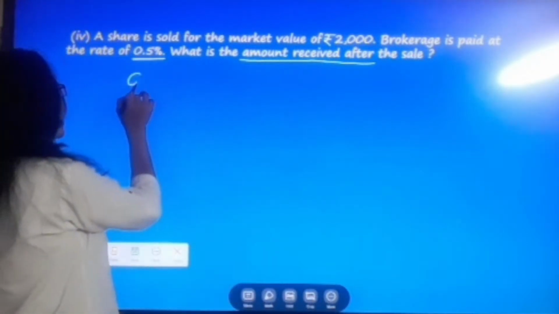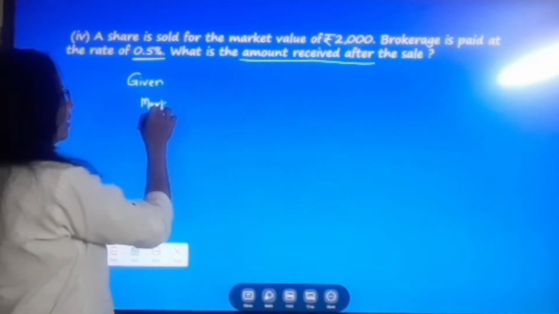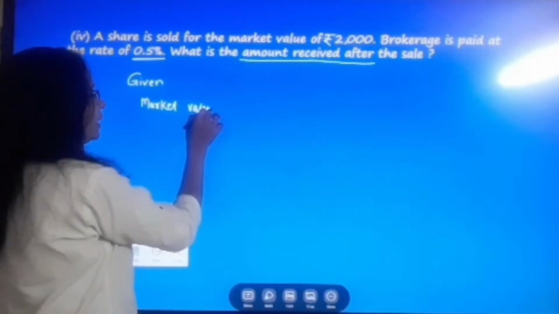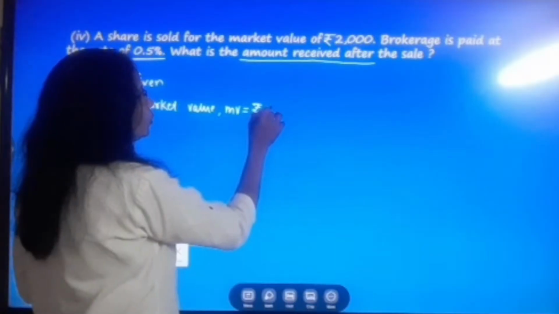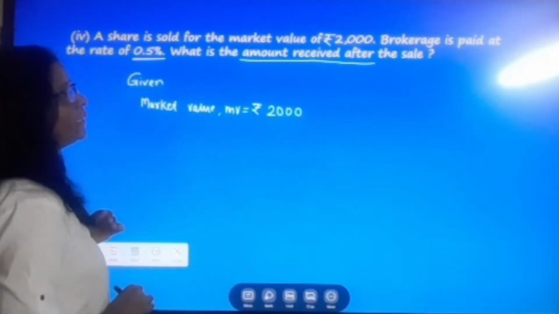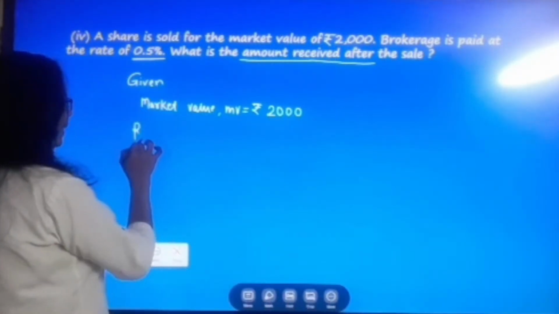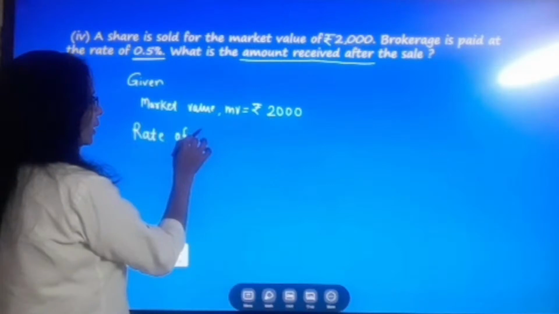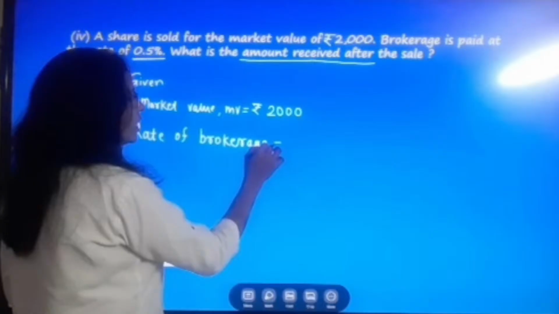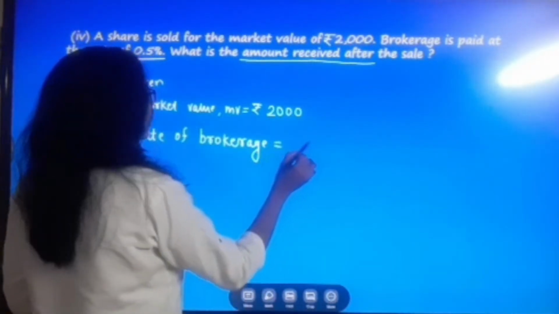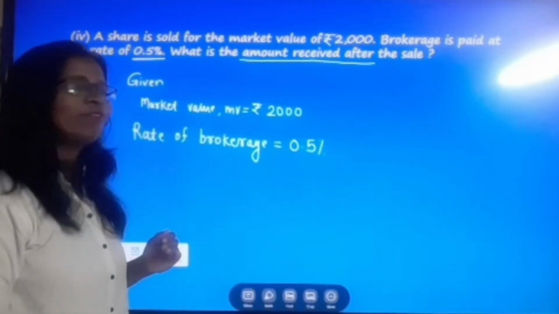Here the given is the market value. So I write down here market value, and in representation that is MV, which is equal to rupees 2000. Okay, and then brokerage is paid at the rate, so the rate of brokerage, which is in percentage, because it is the rate, so it is 0.5%.